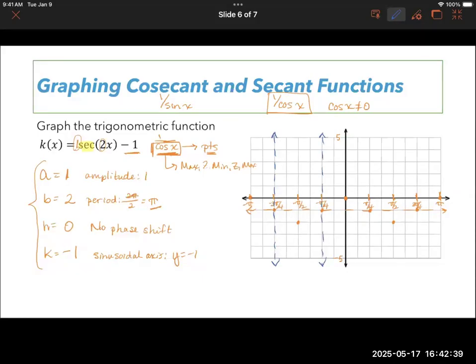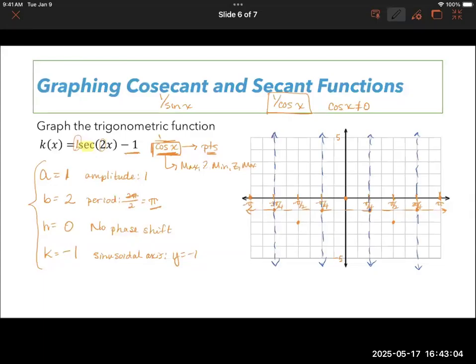Okay, so there's another one on the sinusoidal axis, vertical asymptote. And one more here, vertical asymptote. Okay. And so then I'm just left with the maximum and minimum points from my pattern.